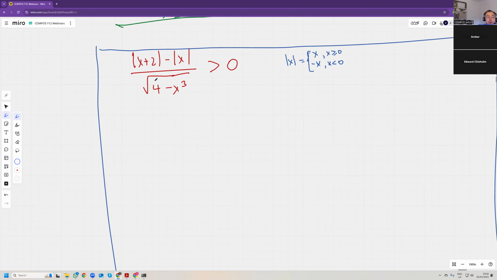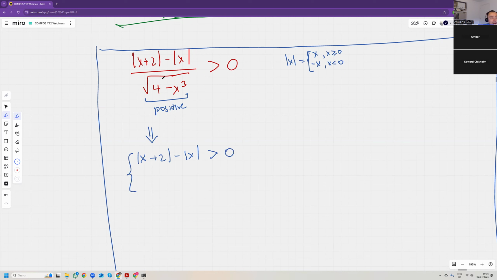But on the bottom you have a square root, so the square root is always positive. So this is positive. That means this is equivalent to saying, well, modulus of x plus 2 minus modulus of x is greater than 0.